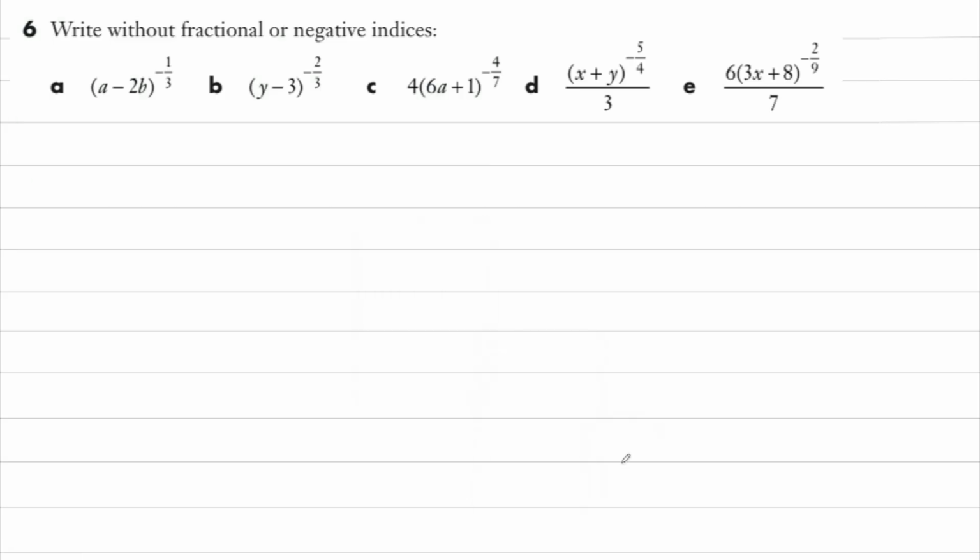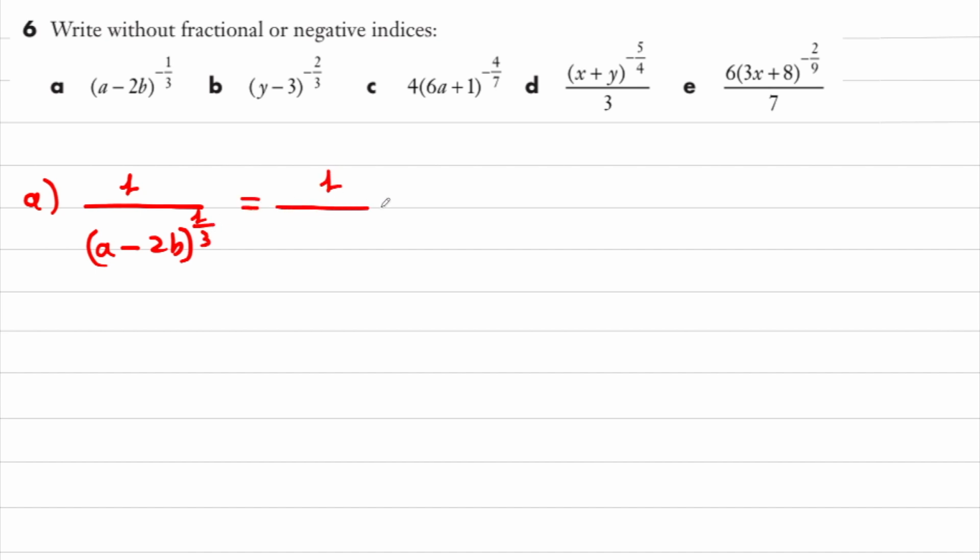What does the question ask about? You have to write without fractional or negative indices. Okay, this is a negative index, so I need to convert from the numerator to the denominator, or the shortened way is to take the reciprocal. So the reciprocal of this: you've got 1 over (a minus 2b), and here the power is 1 over 3.